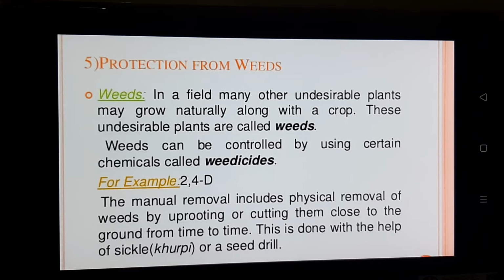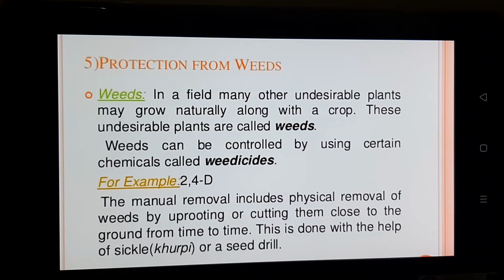It is not useful for the crop growing in the soil either, because crops need nutrients to grow, and the weeds also take the nutrients supplied to the crops. So weeds share the nutrients of the crop, and the crop may not grow properly.